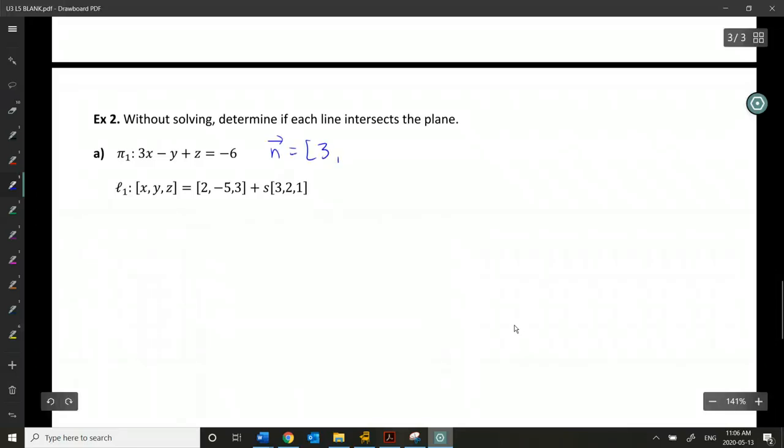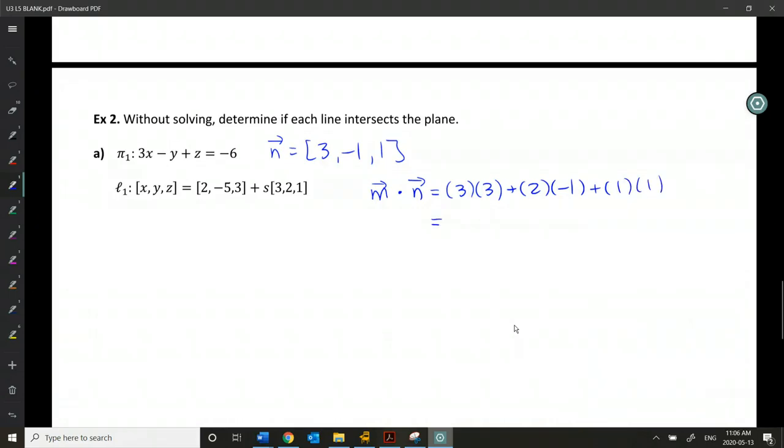So we're going to check the dot product. Here our normal of our plane is 3, negative 1, 1. So let's dot the direction vector and the normal. We'll get 3 times 3 plus 2 times negative 1 plus 1 times 1. So this is going to give us 9 minus 2 plus 1. So I think we get 8 here.